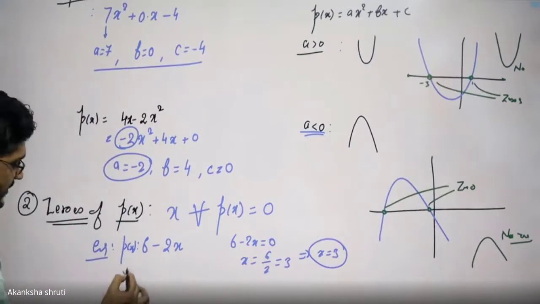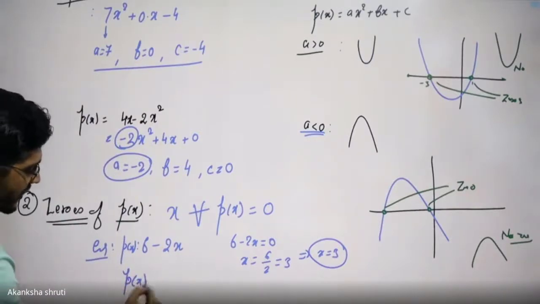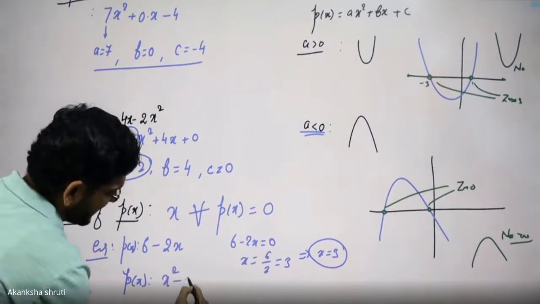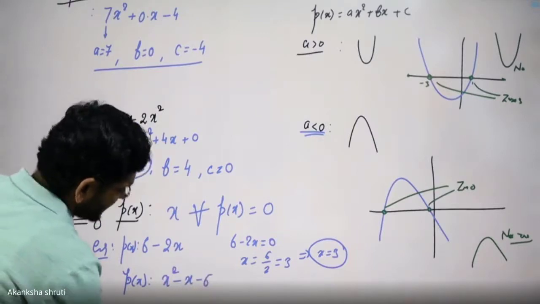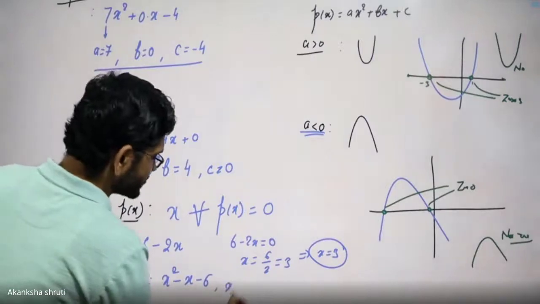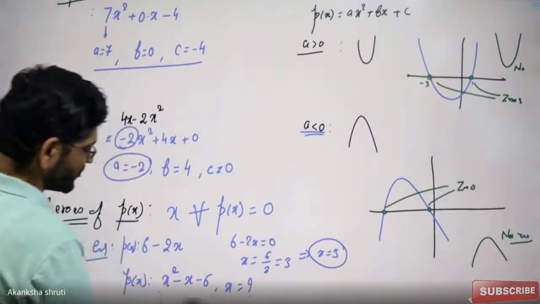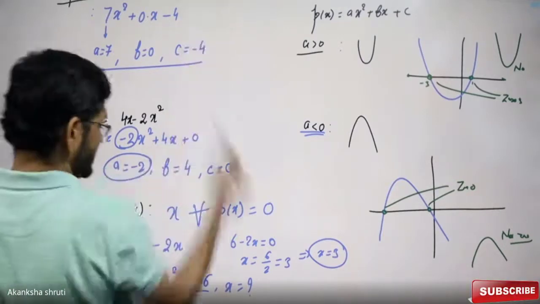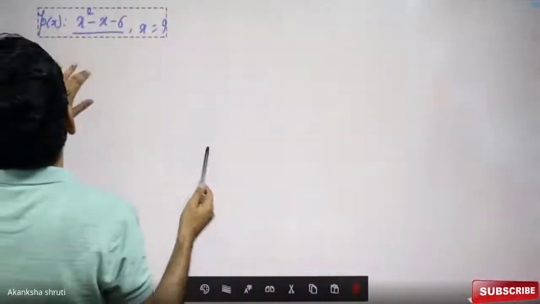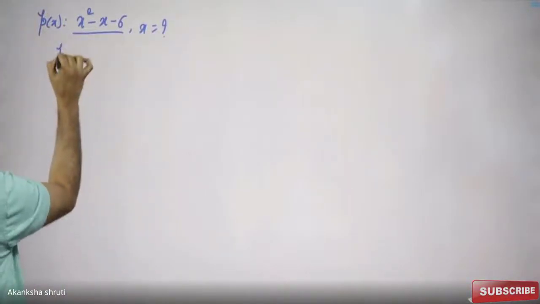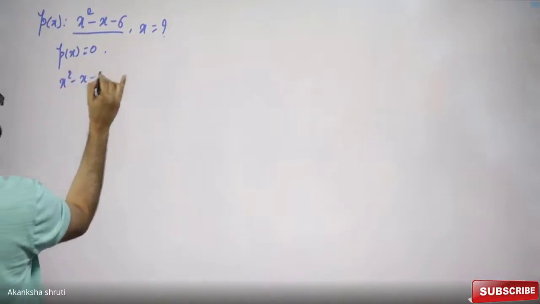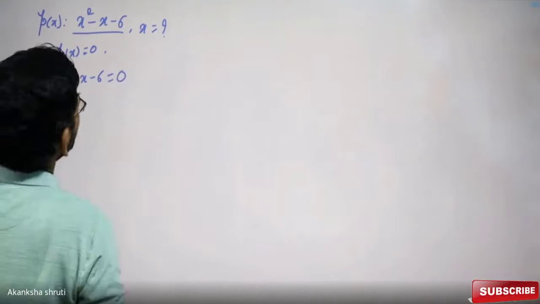But for the quadratic polynomial, say x square minus x minus 6, you have to find those values of x for which it becomes 0. We have to go for factorization. To find the zeros, we first equate p(x) to 0. So x square minus x minus 6 is equated to 0.